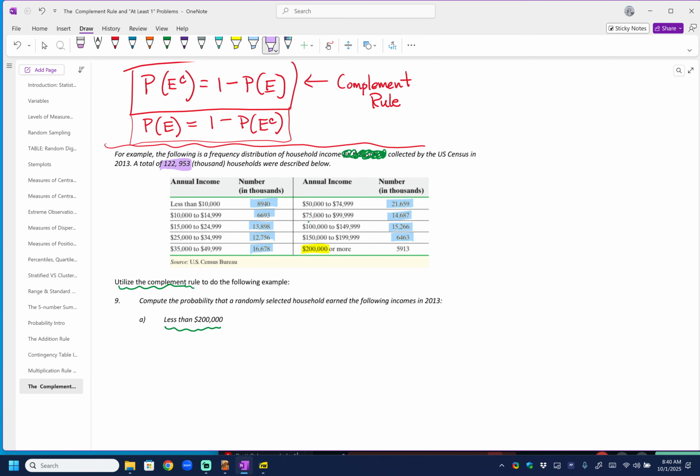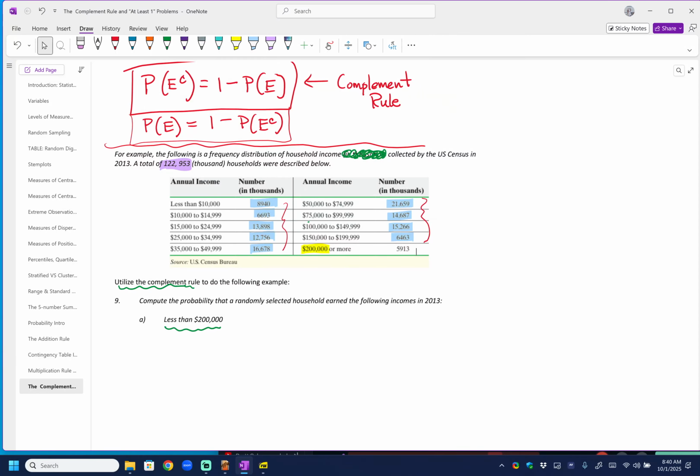I could add up all of the blue highlighted numbers, because all of them are less than 200,000, and then divide by 122,953, and I've got my probability. Many students might choose that route, but I think it's too much work, because the complement rule can actually get us there faster.